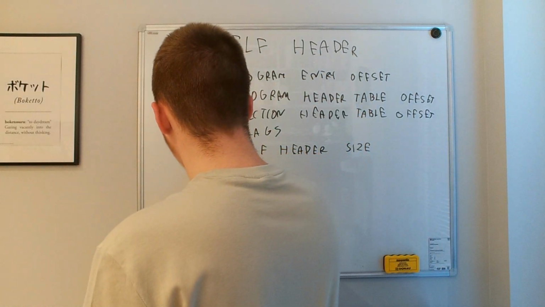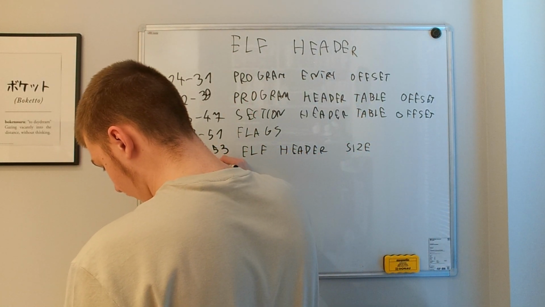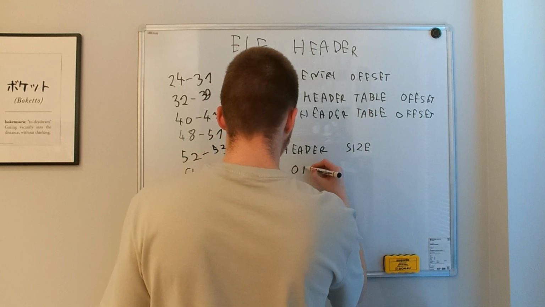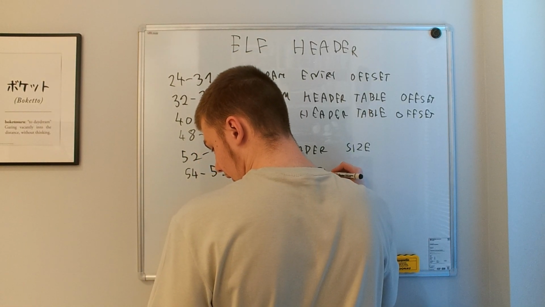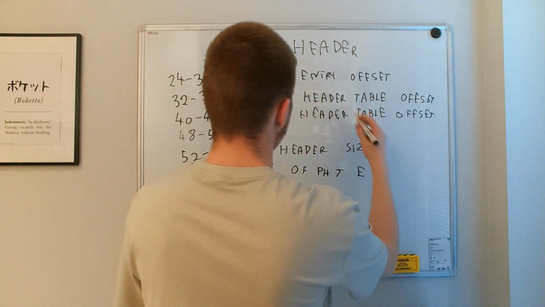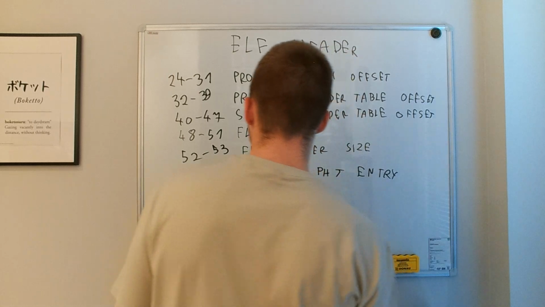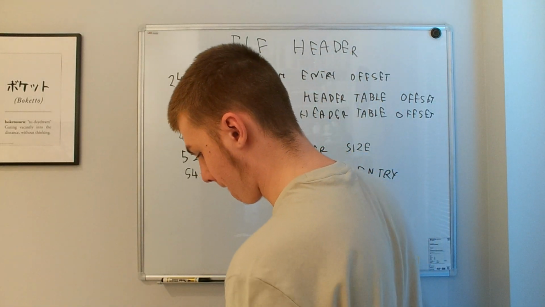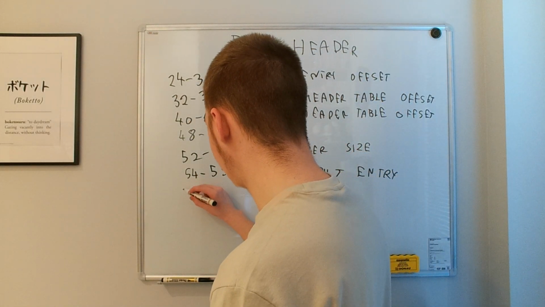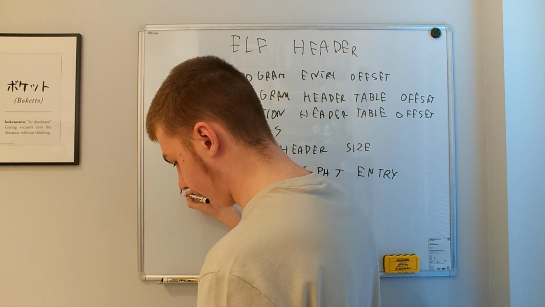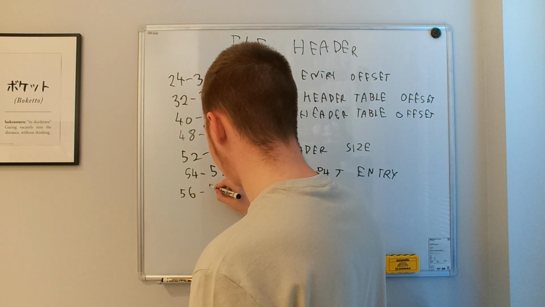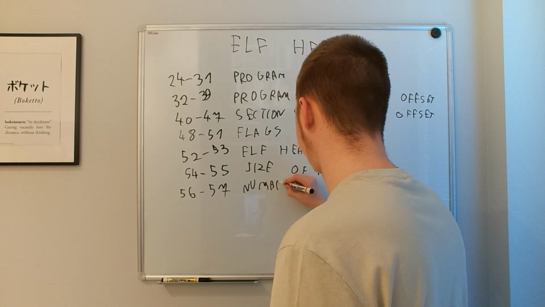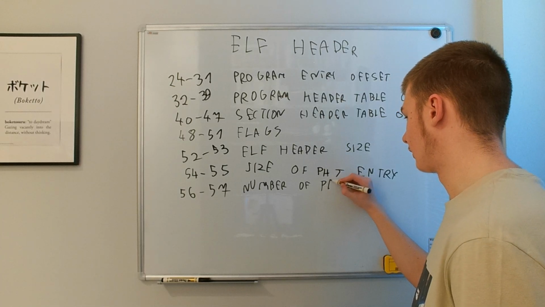Then 54 to 55 is the size of a PHT entry, so the program header table. So in bytes, how much does one entry take up? And then 56 to 57, it stores the number of PHT entries.